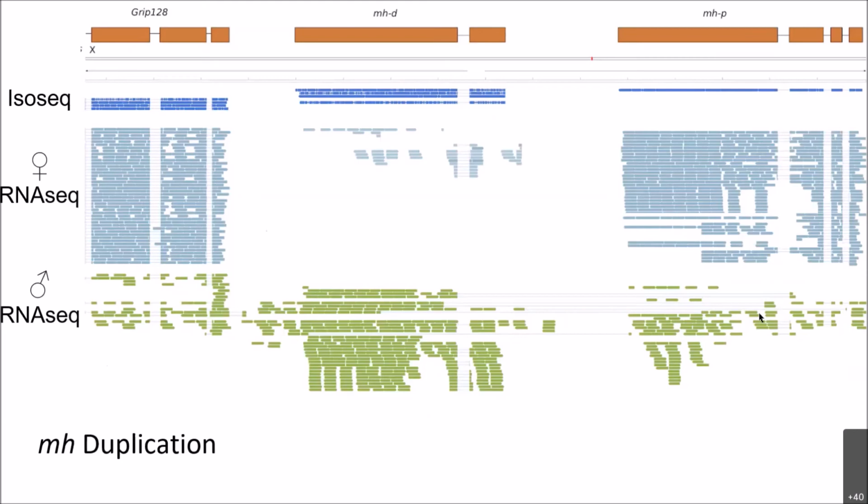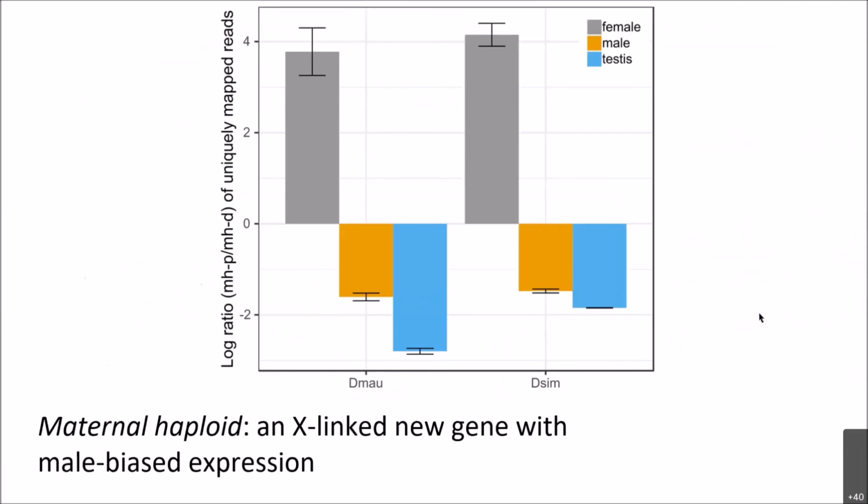So if you go to the next slide, we summarize this with the expression in three copies. You'll find that the proximal copy, so this is the ratio of the proximal to distal copy of the expression. So see that the proximal copy in females has a huge bias. So it's very enriched for females. This is just summarizing that previous slide and adding one tissue.